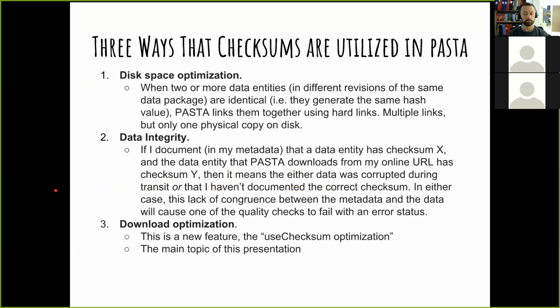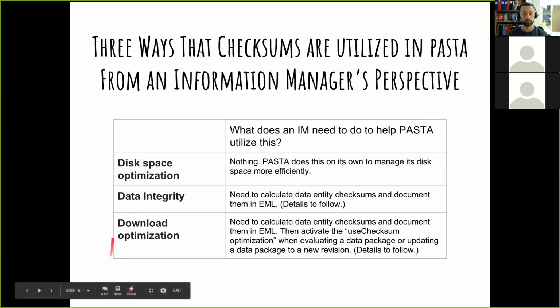In either case, this lack of congruence between the metadata and the data will cause one of the quality checks to fail with an error status. And finally, the download optimization. This is a brand new feature, what we're calling the useChecksum optimization, and this is the main topic of this presentation.